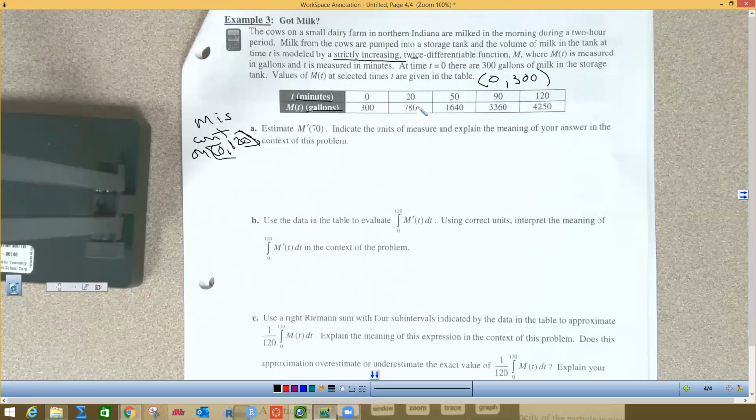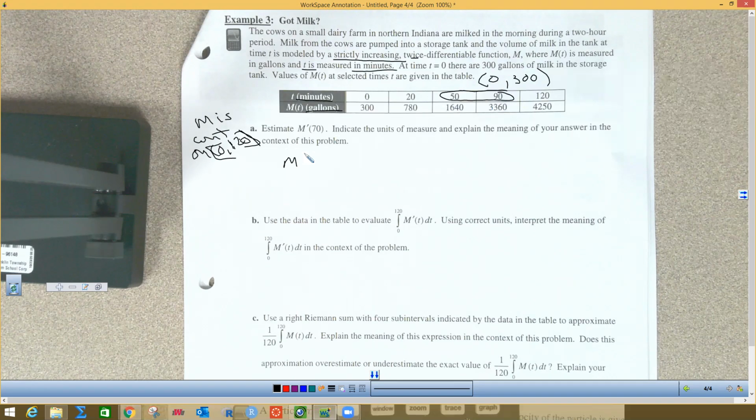And we've got these different values here for different times that the milk is being pumped. And again, I want to underline this because t is in minutes. All right, so m prime means I want the slope at 70. So you want to look at your minutes up here, and you want the two closest to 70, which 70 comes between these two.